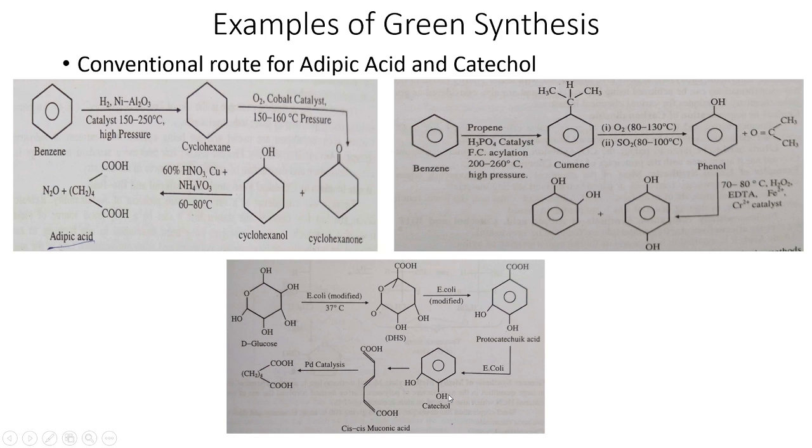Okay, and further oxidation gives you cis muconic acid. So either you can stop the reaction at the catechol step, or at the end it can go up to the formation of adipic acid. So both the chemicals can be prepared within one step using biocatalyst and biofeedstock. Okay, so that is the one application.